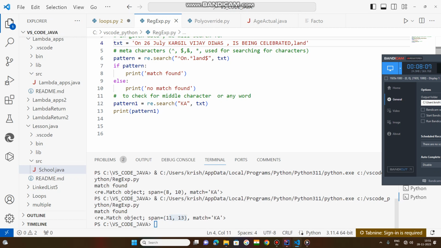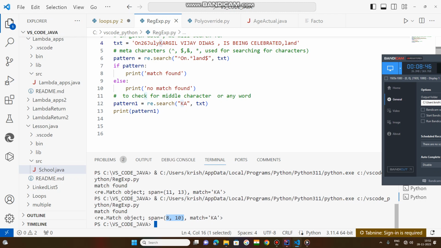If I remove these white spaces, you count from here 0, 1, 2, 3, 4, 5, 6, 7, 8. K position is 8. So whenever you search for a match object, whatever match is identified will be considered as an object, and that index will be given. Span means location, area, where is the location.